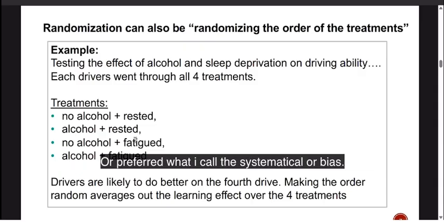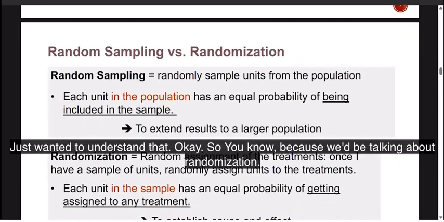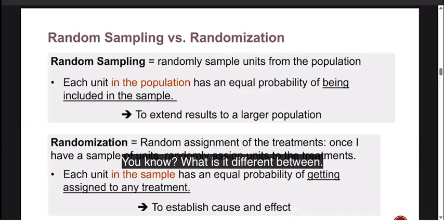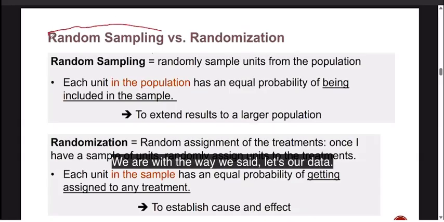So randomization protects against what I call systematic bias. I just wanted you to understand that. Because we'll be talking about randomization, what is the difference between random sampling and randomization? When I say random sampling, I'm talking about one of the sampling techniques, the way we select our data.